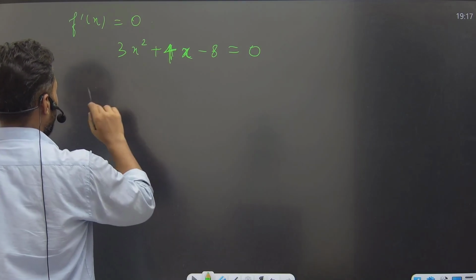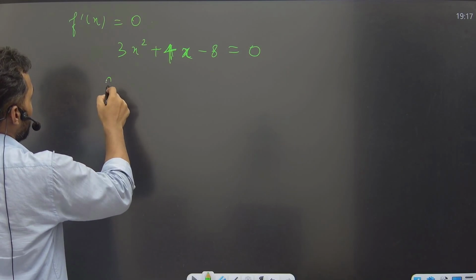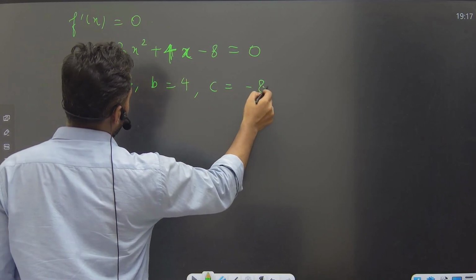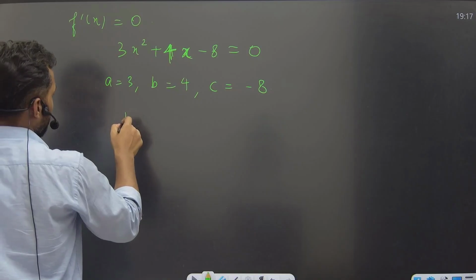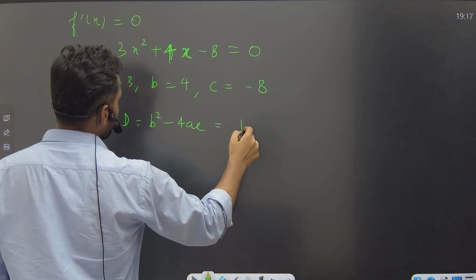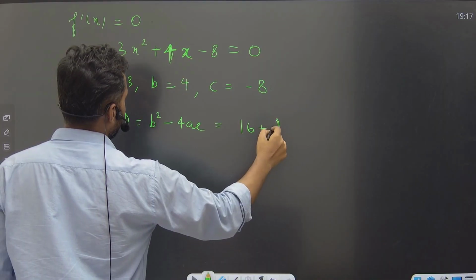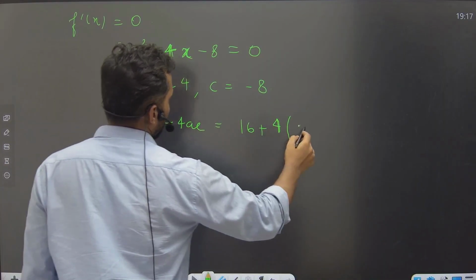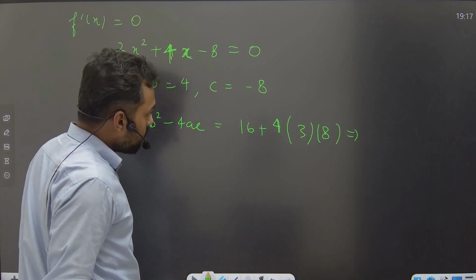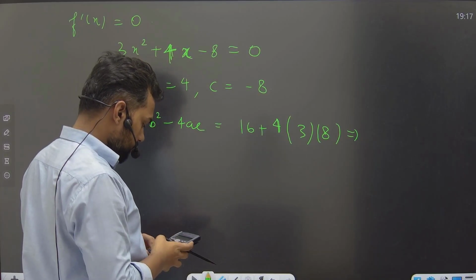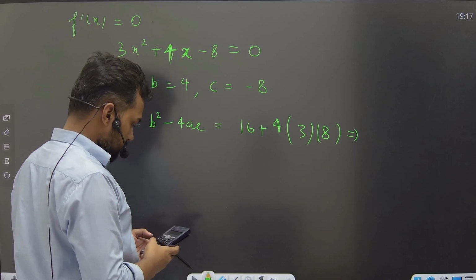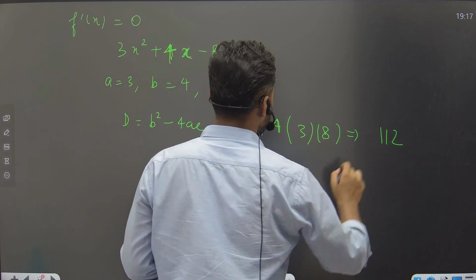By applying the quadratic equation formula, you'll get a equals 3, b equals 4 and c equals negative of 8. So D equals b square minus 4ac. On calculating, we get 16 plus 4 cross 3 cross 8, that is equal to 112.